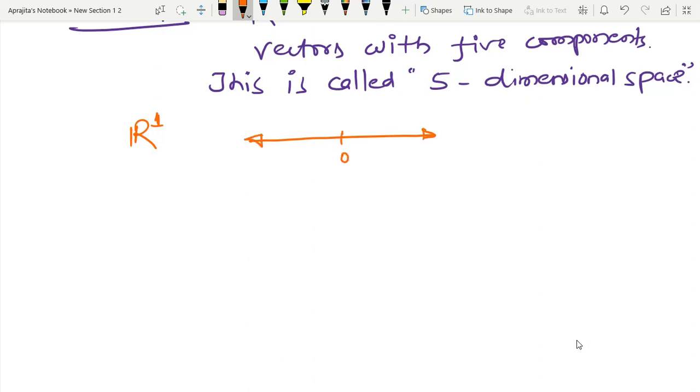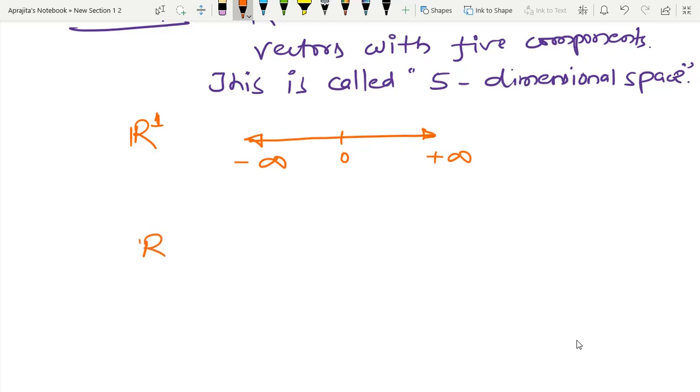This is our origin, this is minus infinity, and this is plus infinity. The meaning of R1 is that our column vector has just one component, and that component may lie anywhere on this particular line.